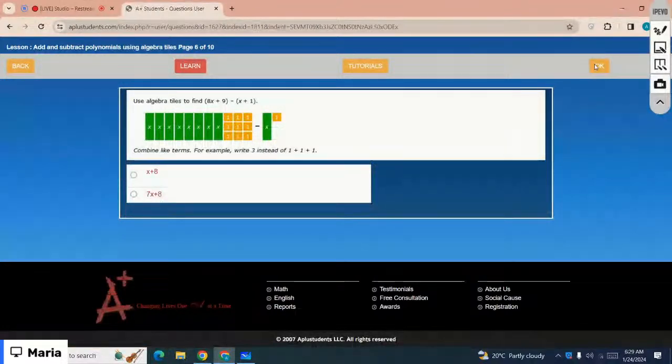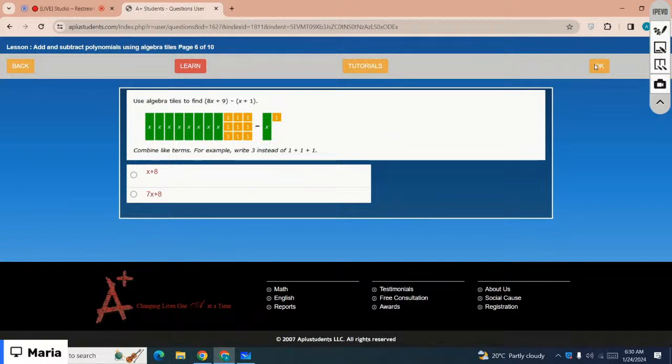Use algebra tiles to find 8x plus 9 minus x plus 1. So which is the correct option? The correct option is 7x plus 8.